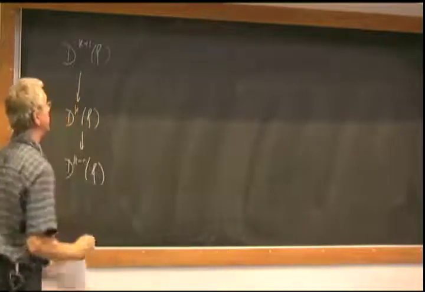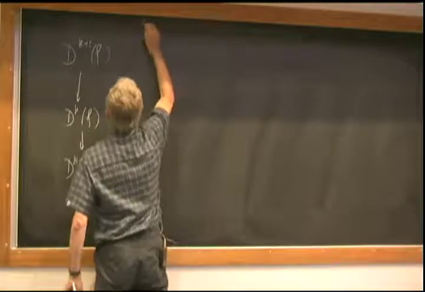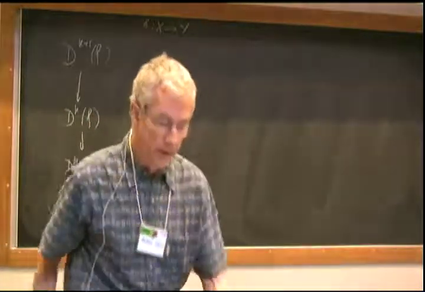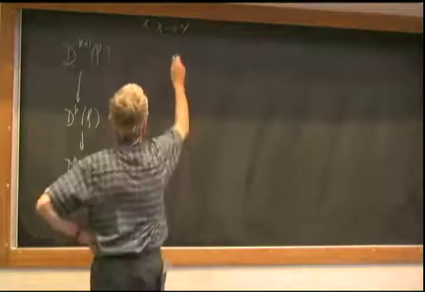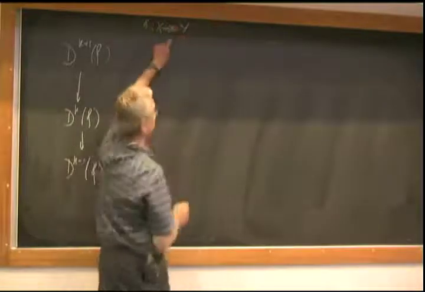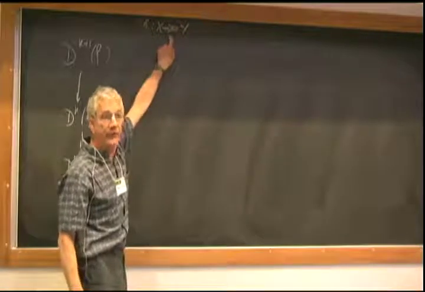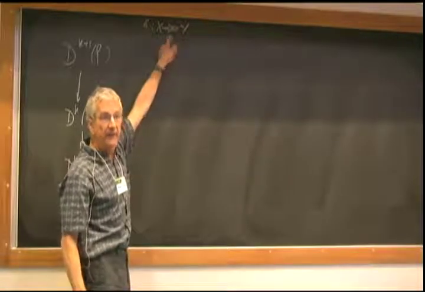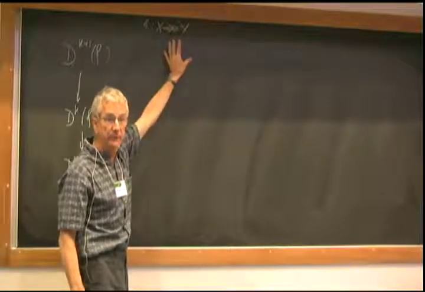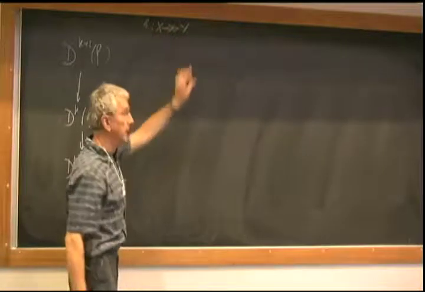And now I'm just talking about any map f from X to Y. In fact, it's going to be useful to assume that it's a surjective map, so Y is the image of f. And X could be anything, any topological space. This is completely general, what I'm going to talk about now for a little bit.